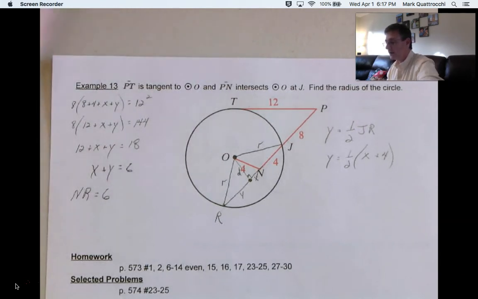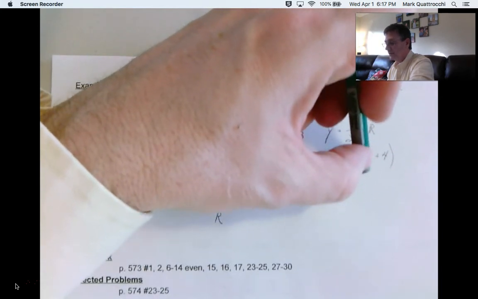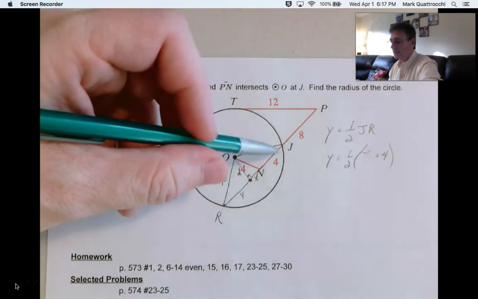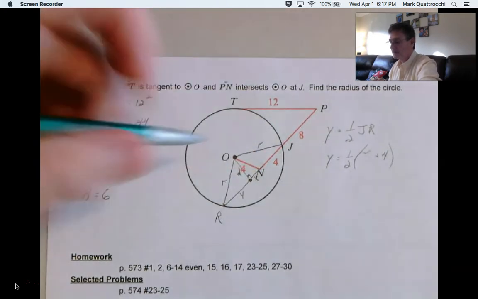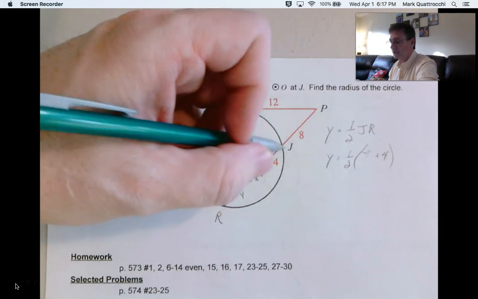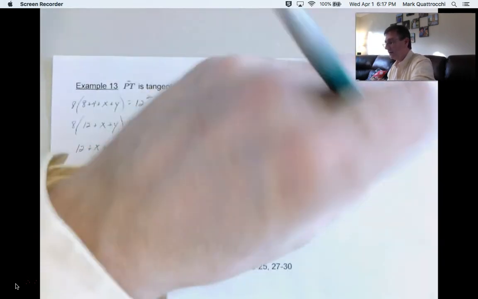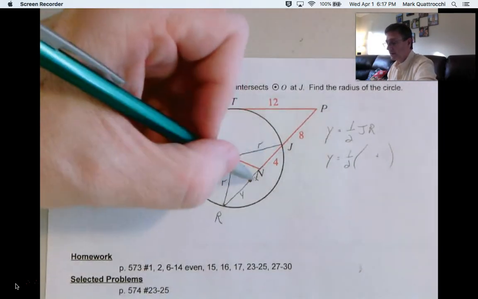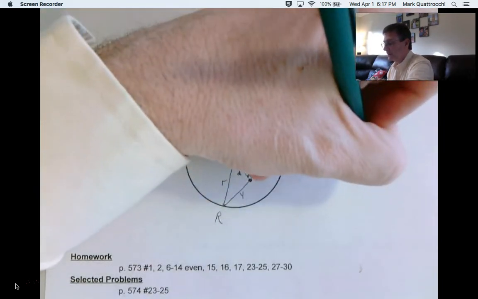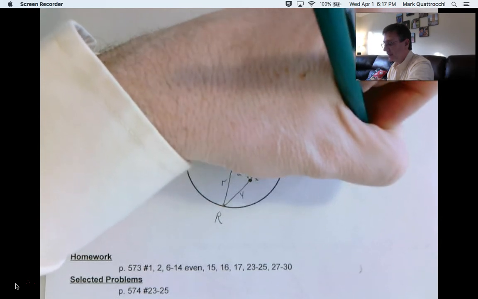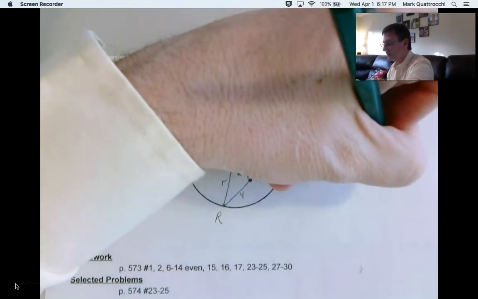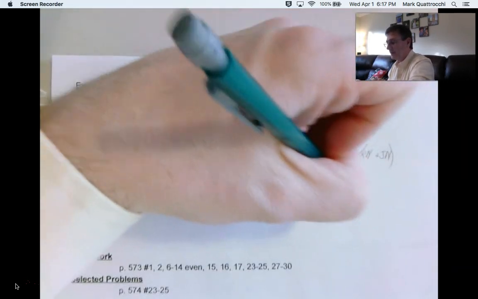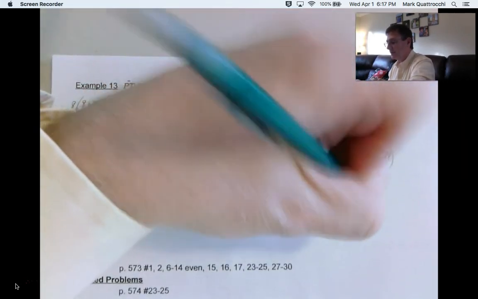Sorry, JR is RN plus JN. Y is equal to half.